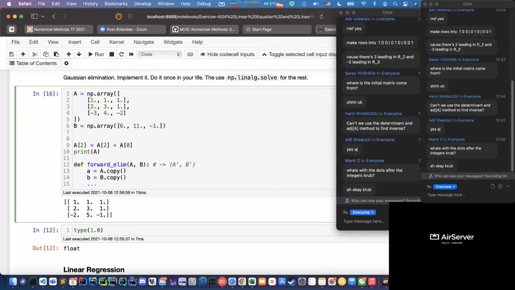Okay, and the rest you do. I trust you to do it. You have 15 minutes to do it. Make sure it works for any dimension. I'll give you a skeleton for n rows.